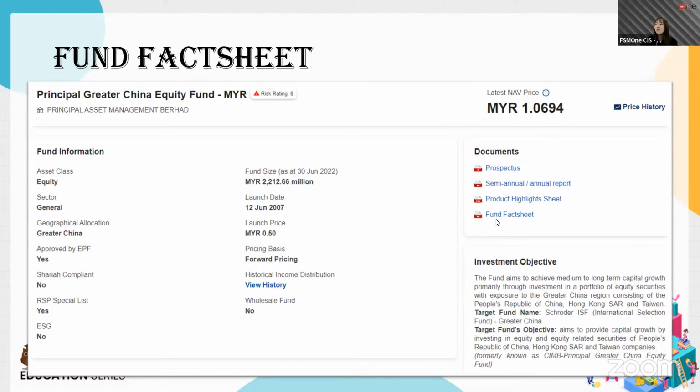You can read more information about this fund in these documents, because the fund fact sheet will be updated periodically. Investors can also learn more about the investment objective. From here we can see that this fund is investing into a target fund, and you can also read about its fund objectives here.